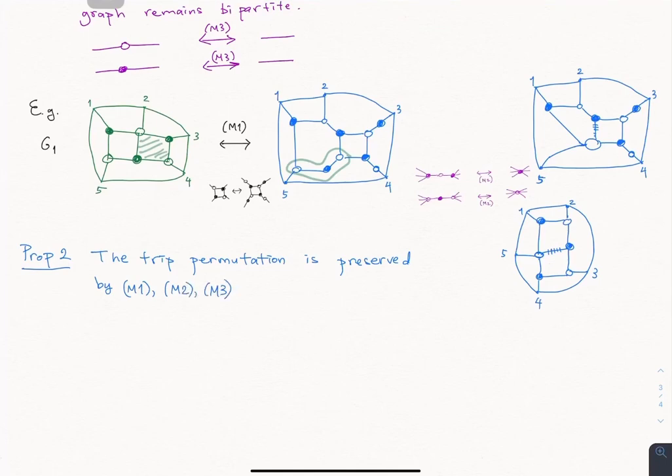So let's call this new graph G2, we can check that the trip permutation for G2 should be the same one as the trip permutation for G1, which we already computed to be 3, 4, 5, 1, 2.